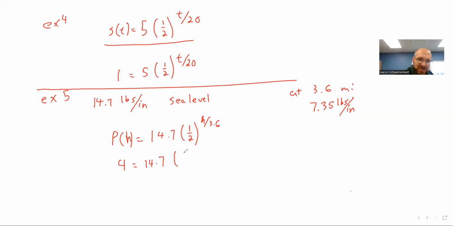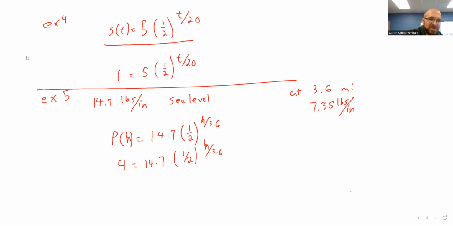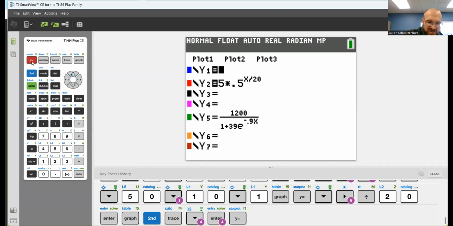Again, I'll use my graphing calculator. This can be solved with a logarithm, which we'll learn more about in a couple days. But we can solve it by graphing calculator for now. So I'll enter my 2 functions.